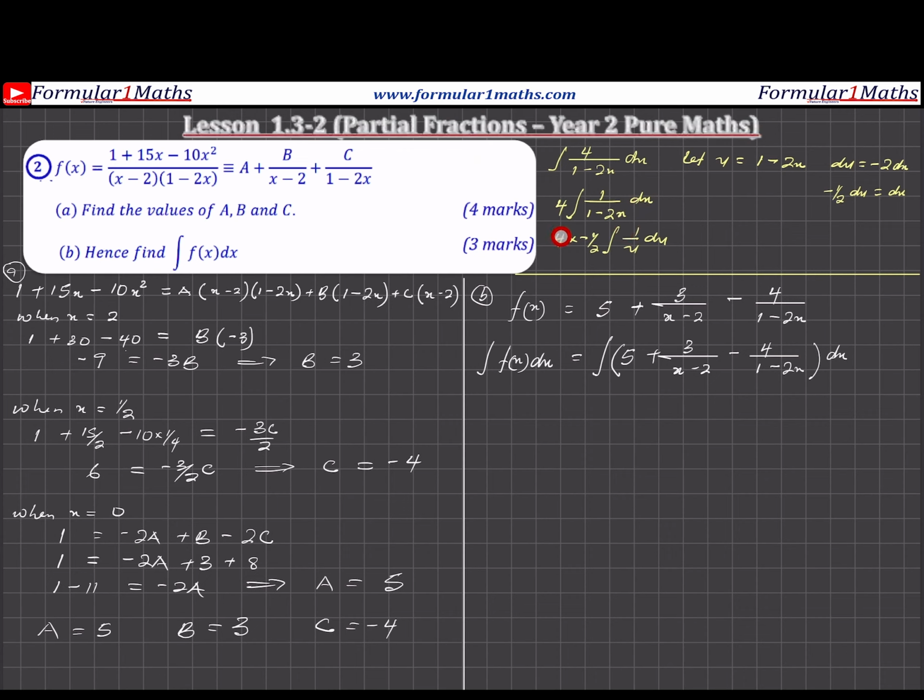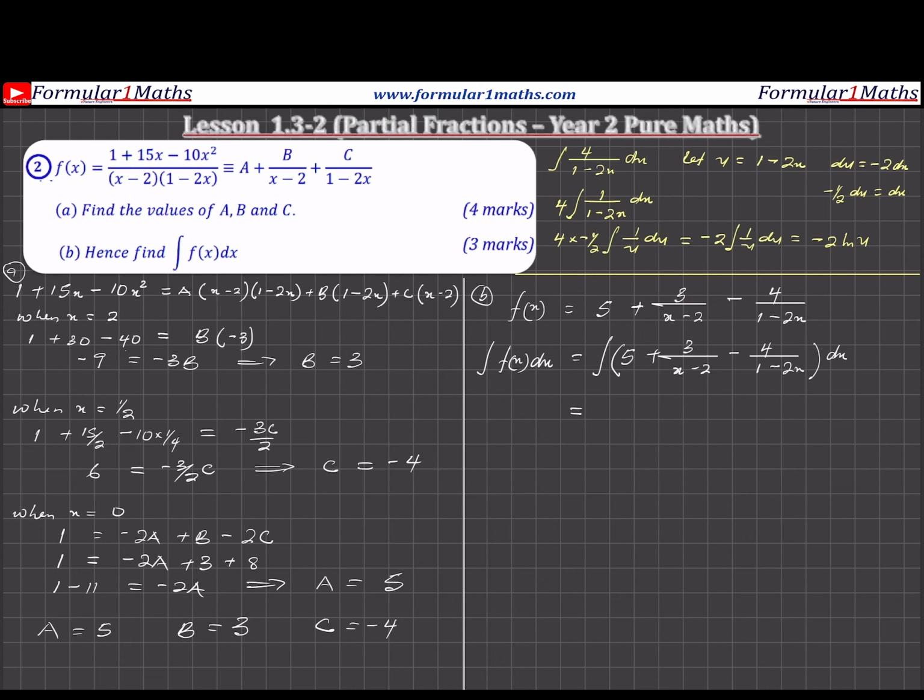This 4 is over here, and then I have 1 over there and over u. This can easily be written as minus 2 integral of 1 over u du, which is equal to minus 2 ln u.